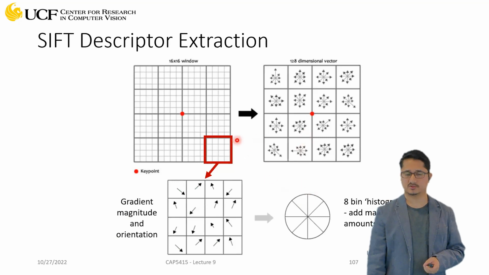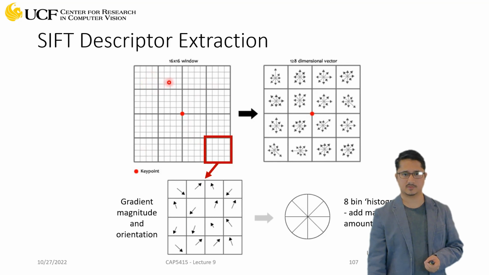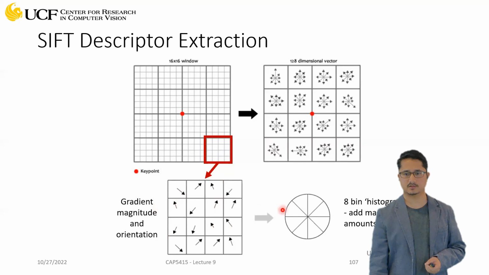Okay, so again, this is just a recap of that. This is your 16 cross 16 window, and you are dividing your window into 4x4 cells, and each cell is 4x4. So what you do is you take each cell, let's say this one, you compute orientation for each pixel location, and then based on all the orientations you have in this cell, you can actually create a histogram.